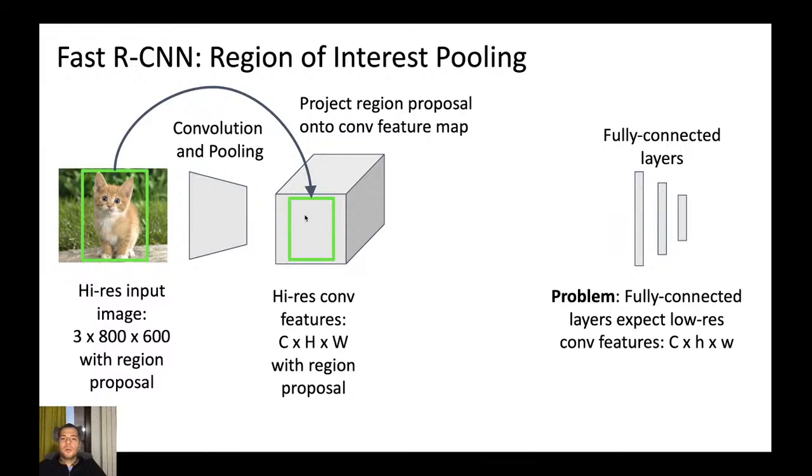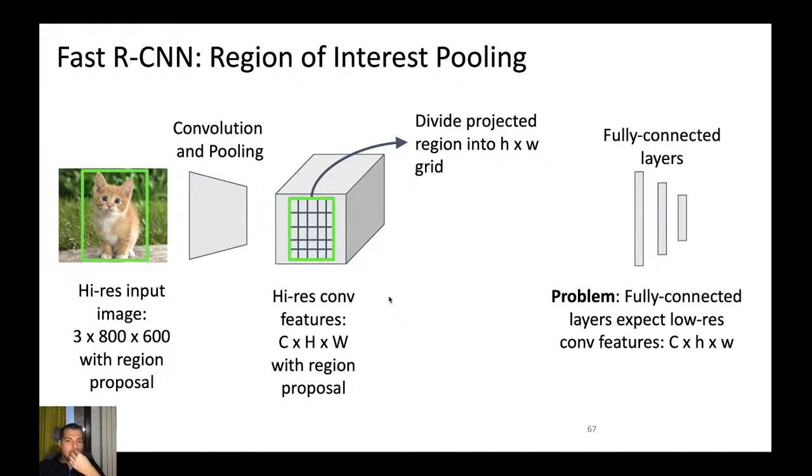If the proposal is smaller, we will have fewer features. So we will try to reduce this tensor that corresponds to the region proposal. We divide it into a grid of the desired height and width. So we assume here that capital H and W are higher than lowercase h and w.